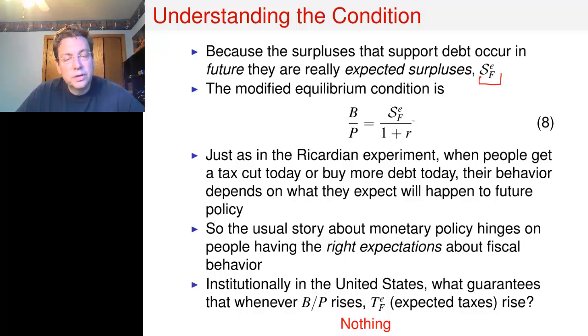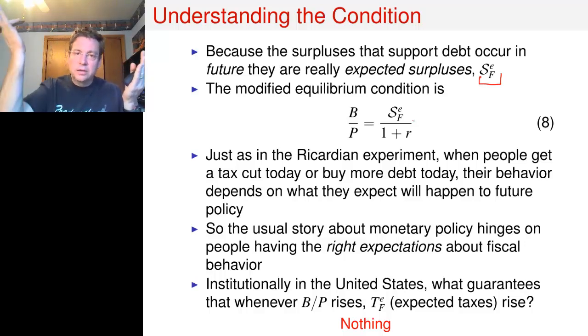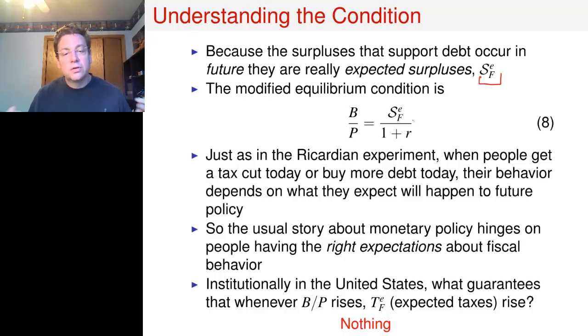Or to word it differently, their expectations about taxes have to be anchored on the pattern of behavior that we're talking about here, that if the real value of debt goes up, then people's expectations are anchored on the idea that taxes will go up in the future. And the real question is, in a country like the United States, or I could list 50 other countries, what actually guarantees that whenever the real value of debt rises, expected taxes will rise? And the answer to that is nothing guarantees it.